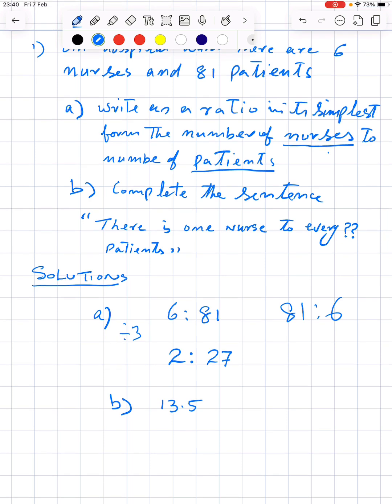We could have divided with 6, which would have given us 1 to 13.5. Remember we said above that the decimal ratio is not acceptable. So we go for the next one. So we divided with 3, so we came up with 2 to 27.